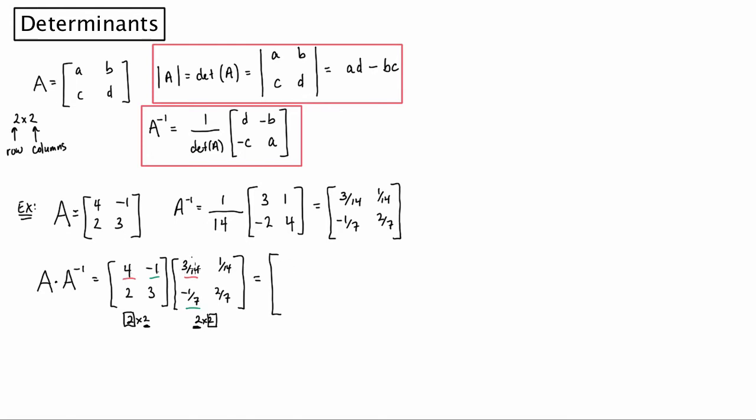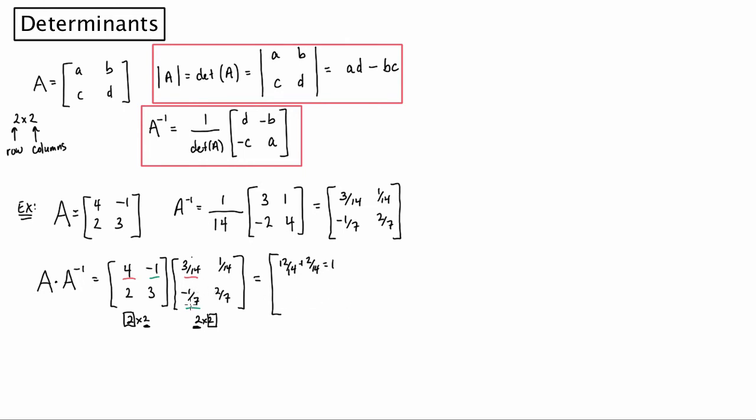So 3/14 times 4 is 12/14, and then this is plus 2/14, it looks like, which is 14/14, which is 1.